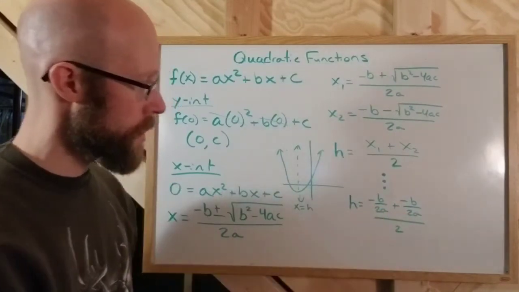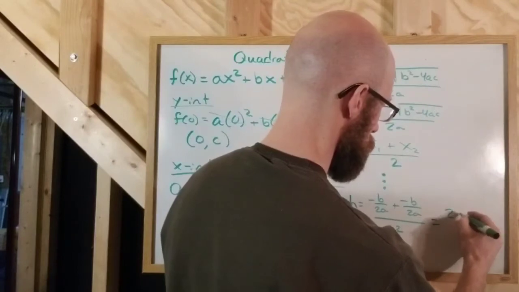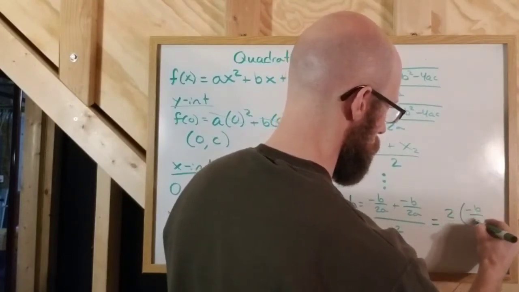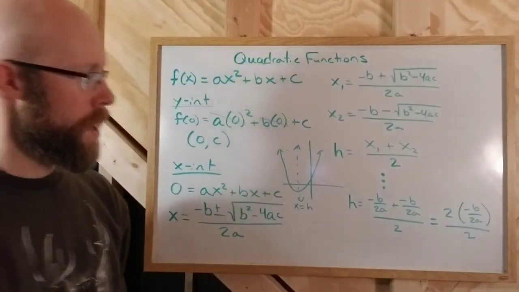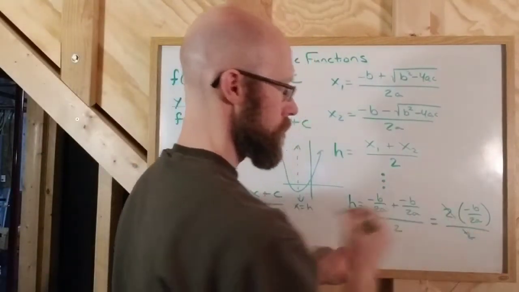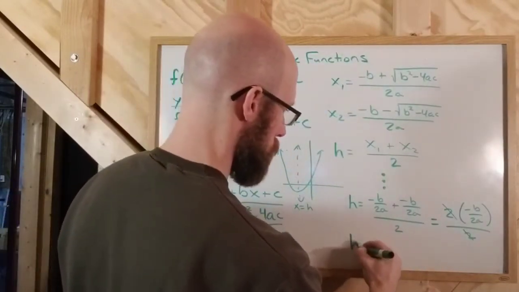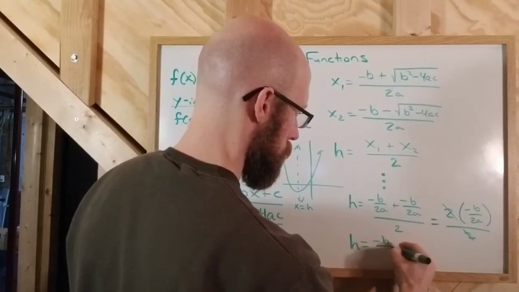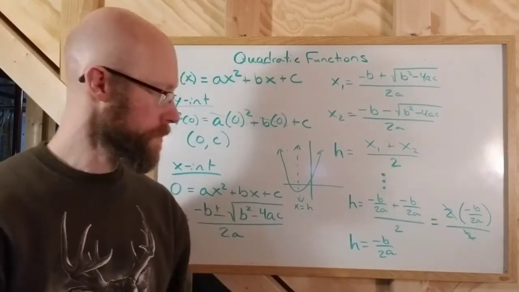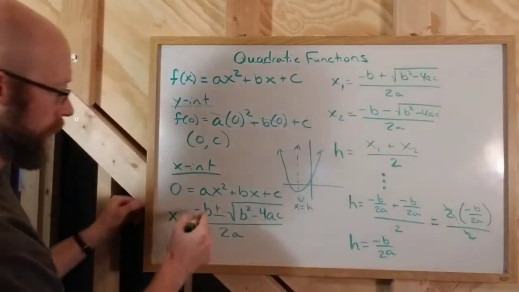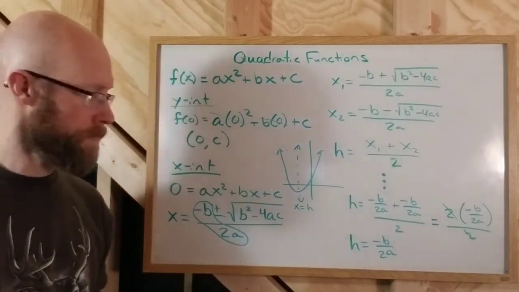Then, if I'm adding two of the same thing together, I could just multiply by 2. I'd have 2 of the negative b over 2a all over 2. And then the 2's cancel. And I'm just left with negative b over 2a. That's actually going to be our formula for the axis of symmetry. Negative b over 2a, right? It's exactly the first term in the quadratic formula.